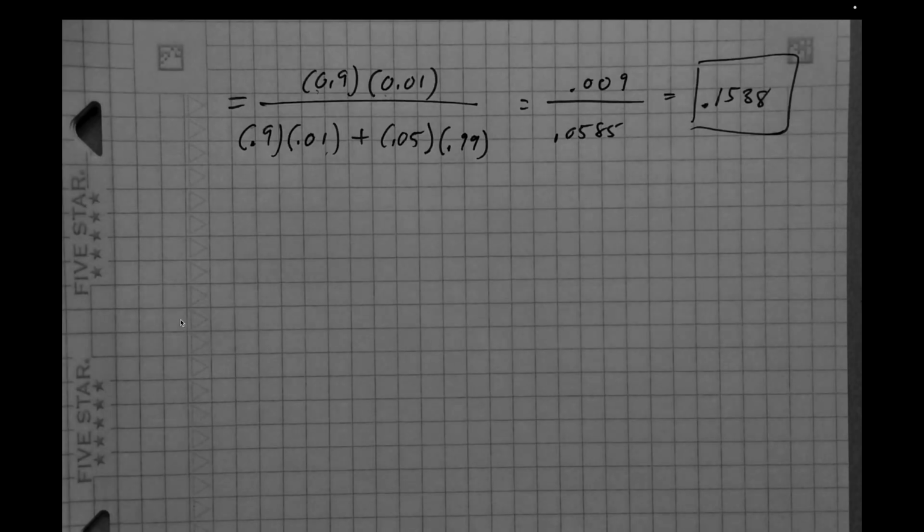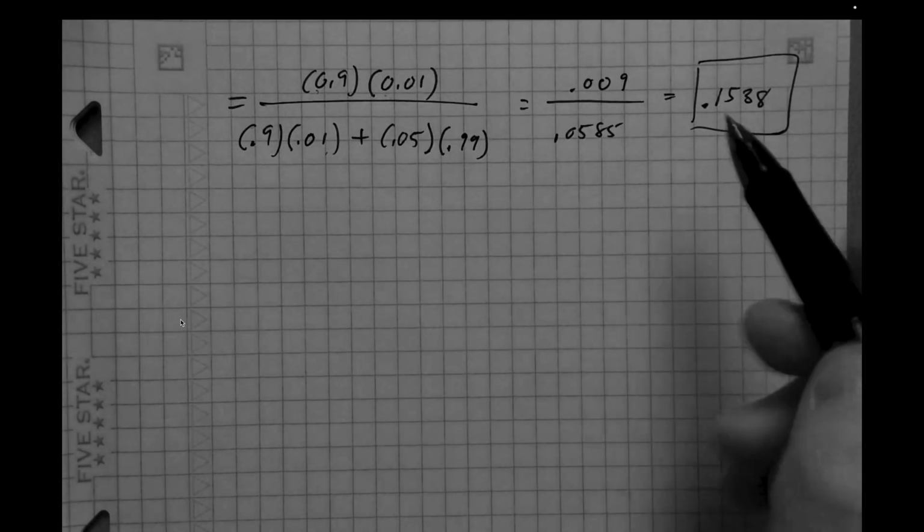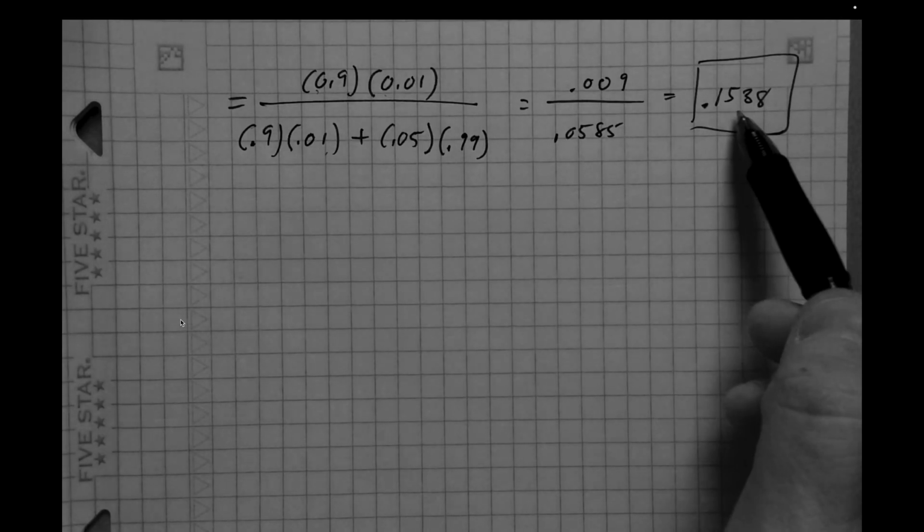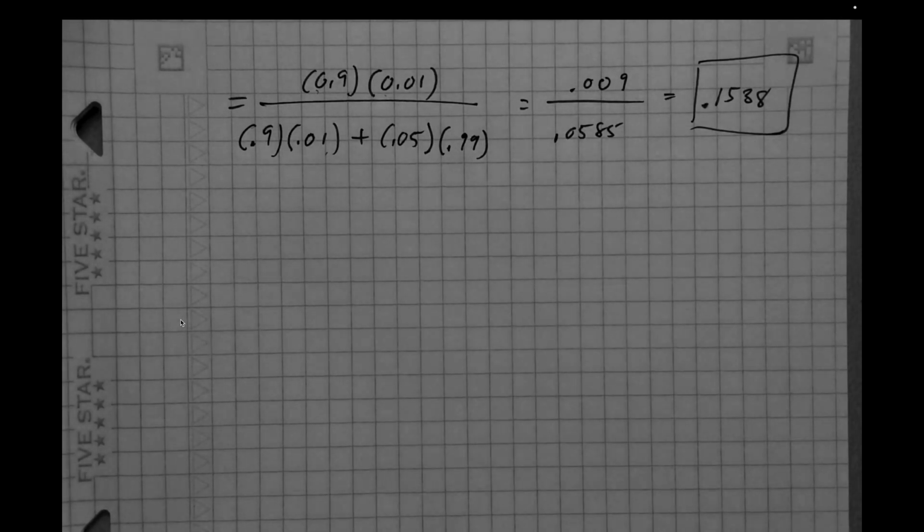But these tests are not perfect, obviously. You've got a correct identification of 90% for those who actually have it. It's a very rare disease, though, and all of that factors in, and you end up with, hey, if you get a positive test result, there's only a 15% chance you actually have this disease. So there you go. That's an example using Bayes' rule.